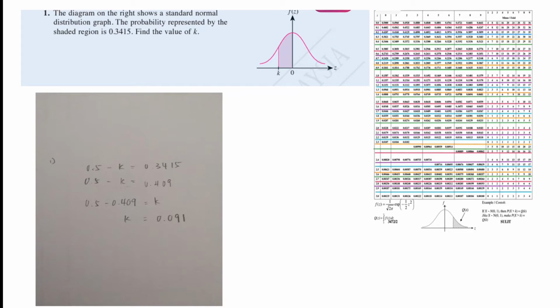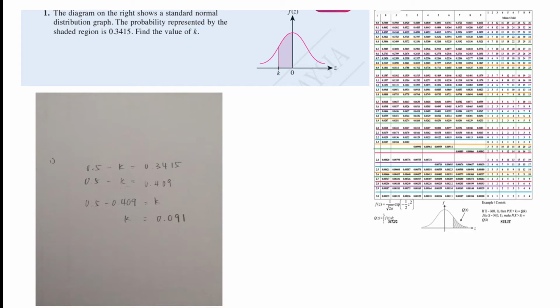The probability is 0.5. So we need to minus the probability of the shaded region, which is 0.3415, to find the k.